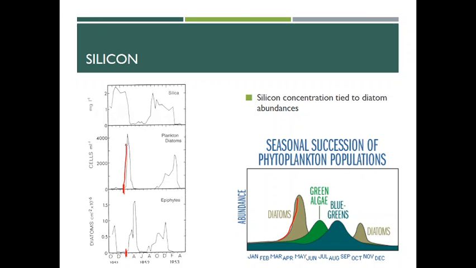But as those diatoms bloom, that's right here, silica crashes like crazy, right? Essentially there's no more silica in the water, such that the diatoms then crash. All right, so we don't have any more diatoms in the water, and green algae then takes over.